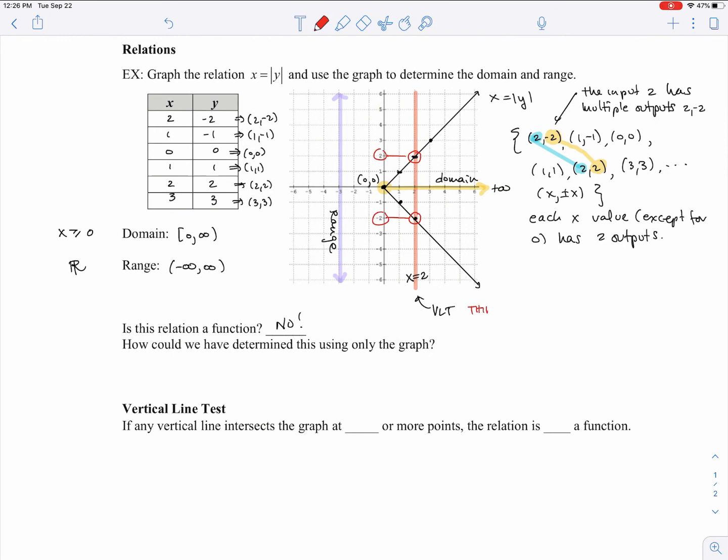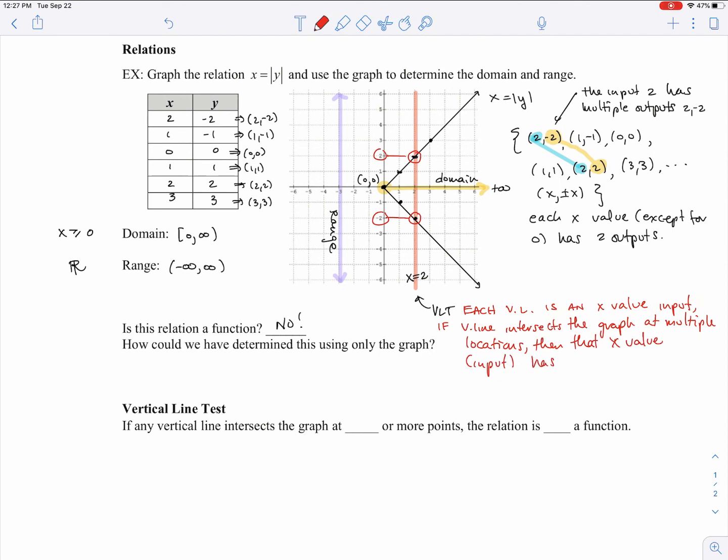So visually, each vertical line is an x, the input value, and if the vertical line intersects the graph at multiple locations, then that x value input has multiple y values or outputs.